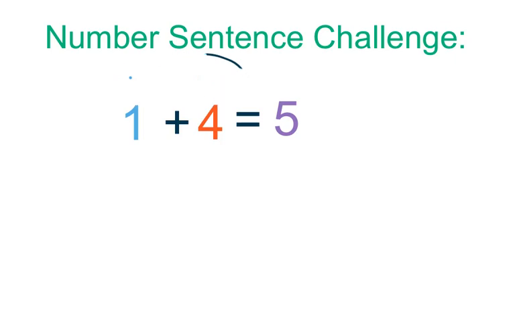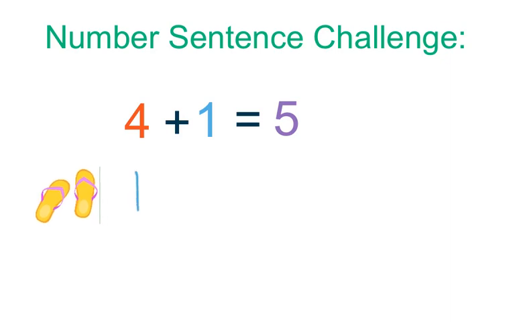So we can flip-flop those parts whenever we want. Let me put it back to how it was at the beginning. If I were going to write the flip-flop fact, that means I'm flip-flopping my 2 parts. So I'll let 1 go first and 4 go second. 1 plus 4 equals 5.